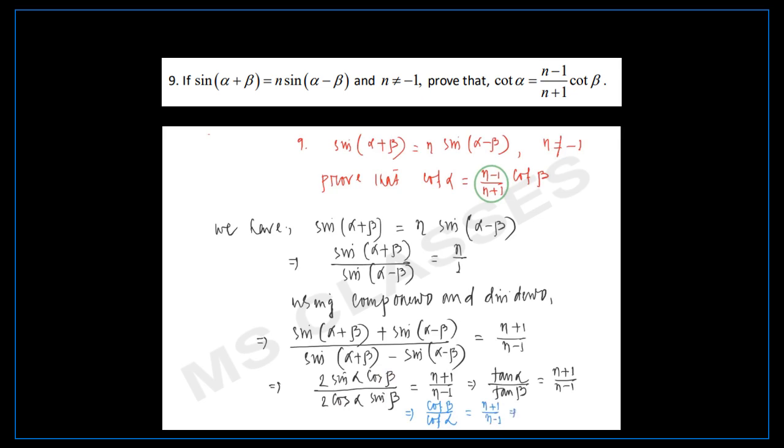And then you can cross multiply. Now it is cot beta by cot alpha equal to n plus 1 by n minus 1. Now we need this one, cot alpha on one side, rest on the other side. So we take cot alpha on this side, and the rest on the other side, into cot beta. Okay.